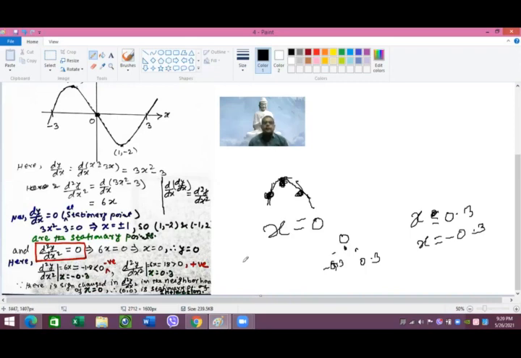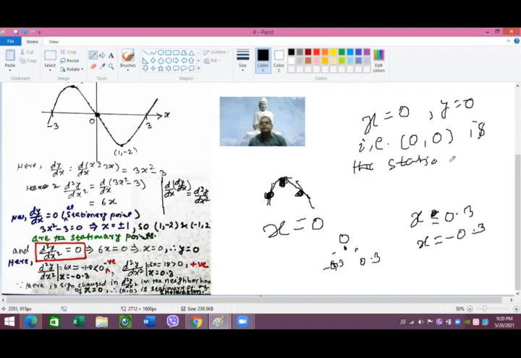Therefore we can say that x equals 0 and hence y equals 0 also, that is (0, 0), is the stationary point of inflection.